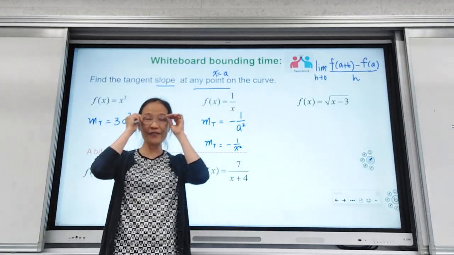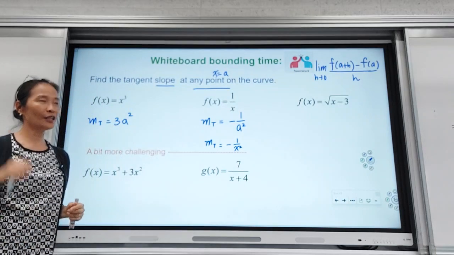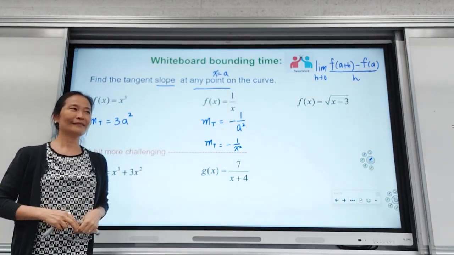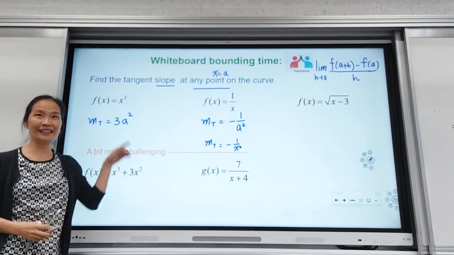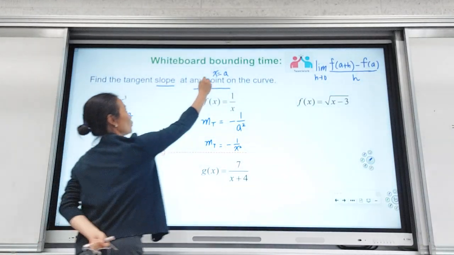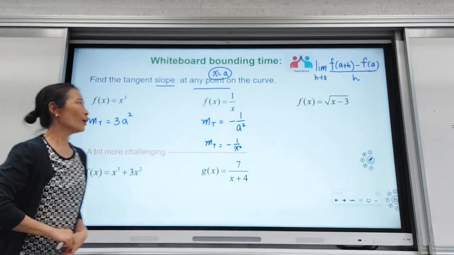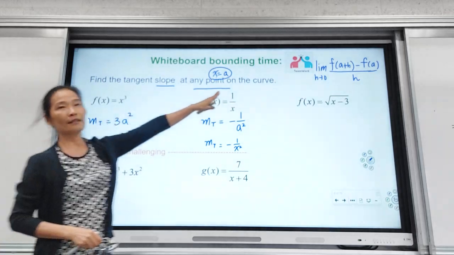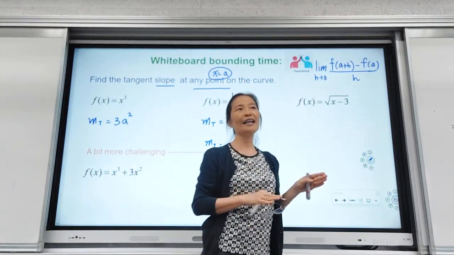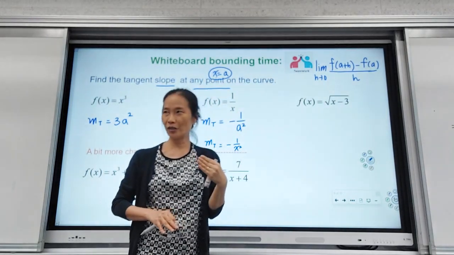So we just had group work with different function equations to try to find the slope of the tangent. When we say x equals a, a could be anything. So you are using the difference quotient and then trying to simplify and find the limit, using all the strategies that you can.